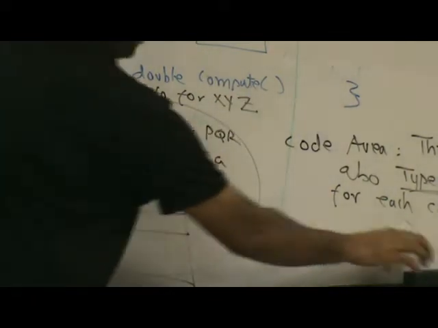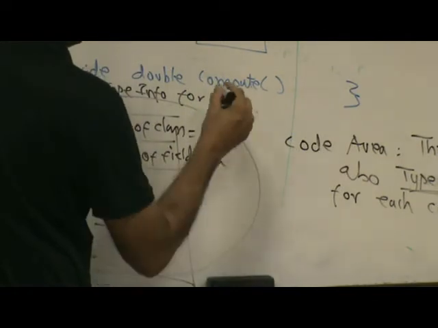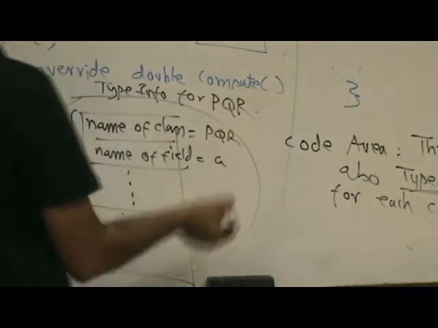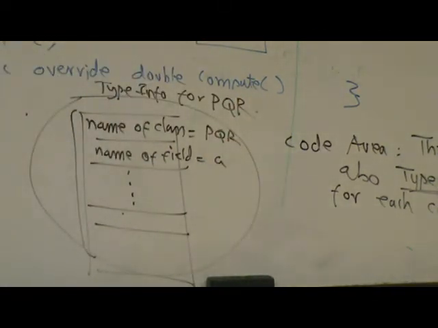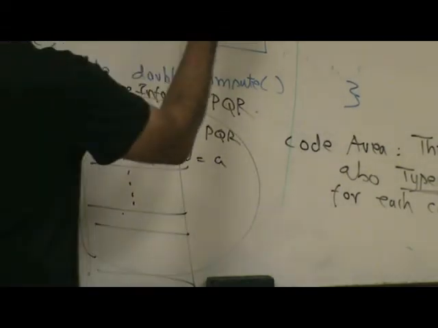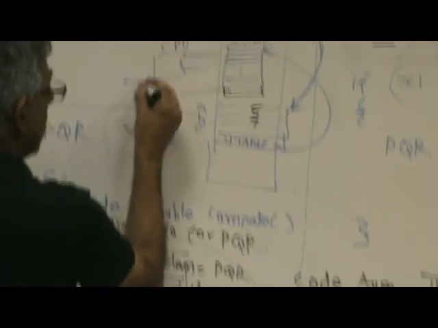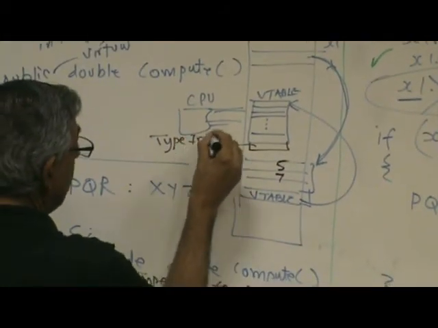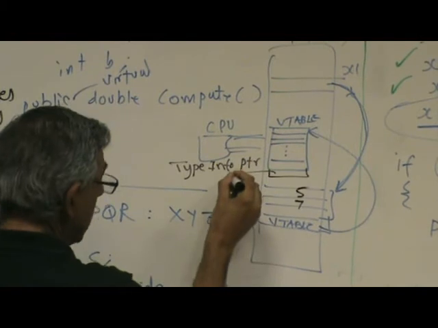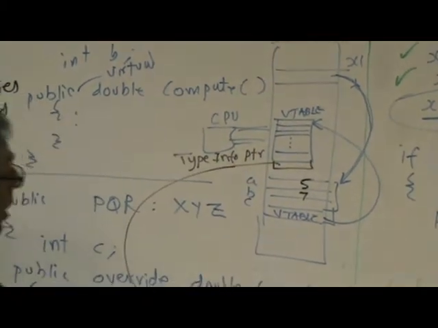Very similarly, there will be a type info for XYZ class, right? So the last entry in the V table is a type info pointer. So this type info pointer will point over here.